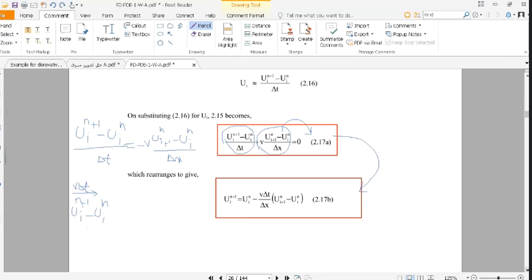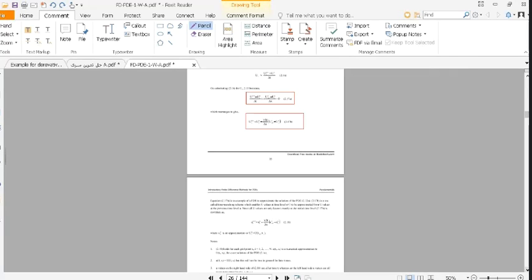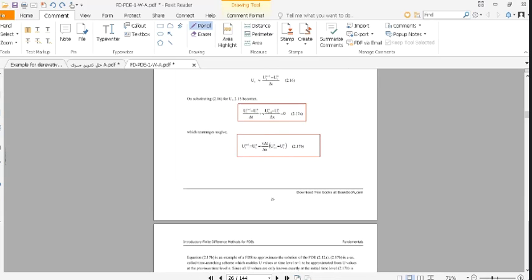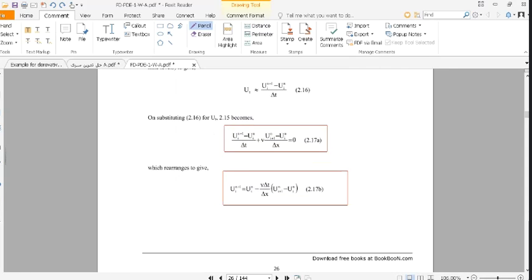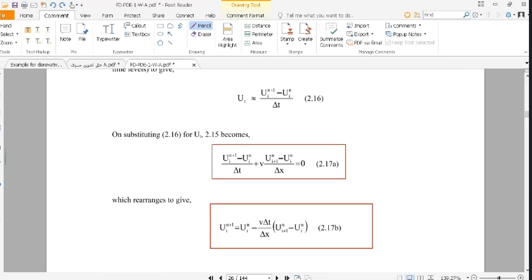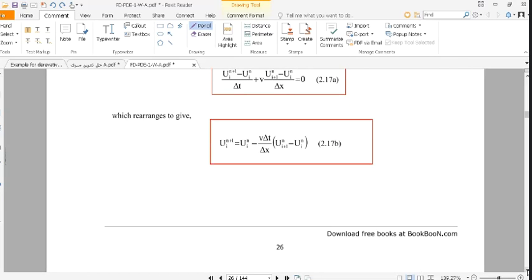Let me clear this page. The last formula helps us to compute u at the time level n plus 1 by using time level n. The right side of this formula is at Tn, but the left side is based on n plus 1.